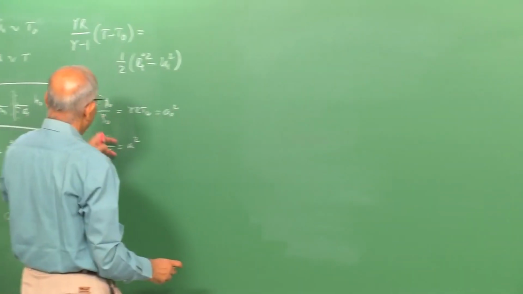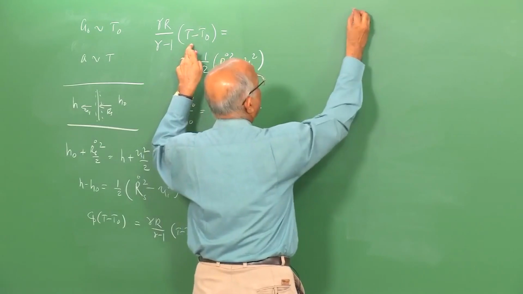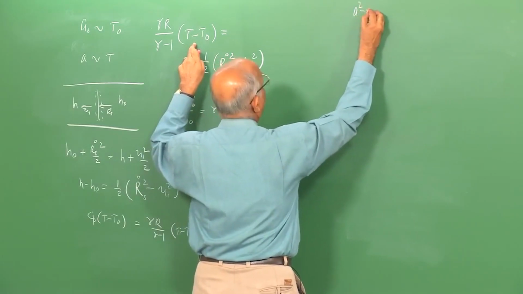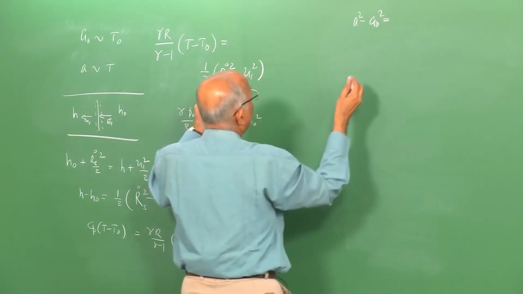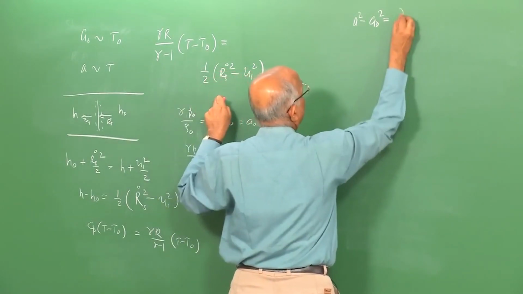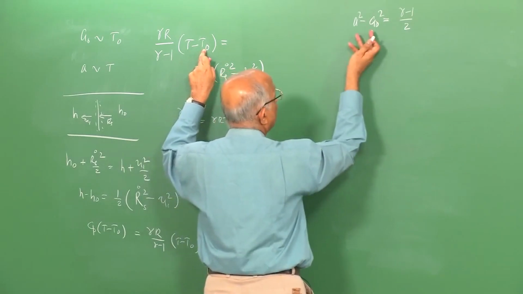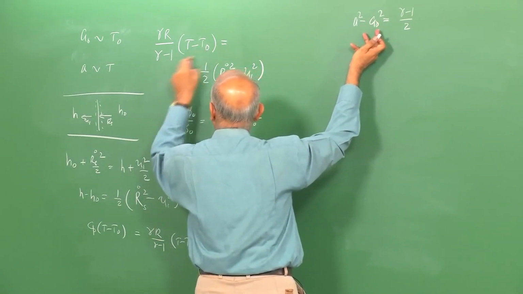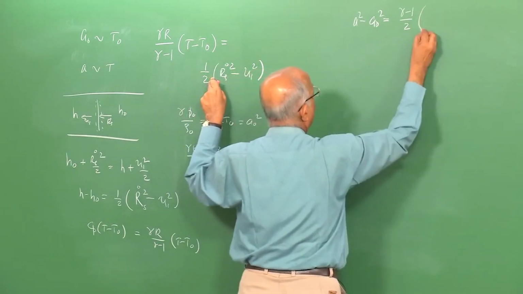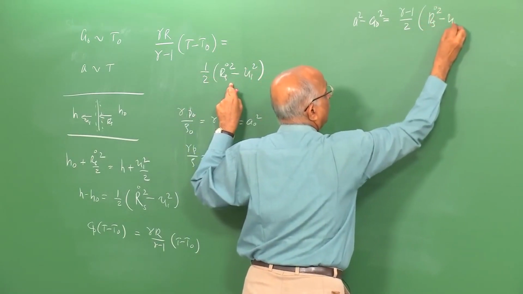and therefore, using these two relations, I get gamma R T minus gamma R T 0, which is A square minus A 0 square, is equal to gamma minus 1 by 2 into rs dot square minus u1 square.